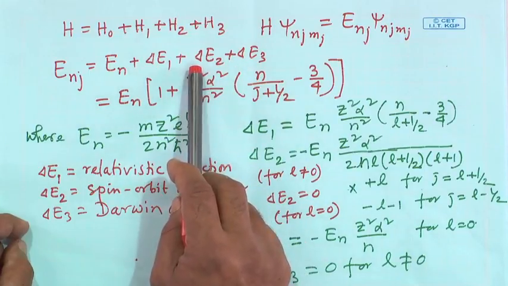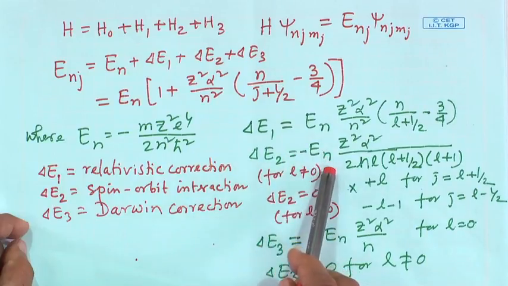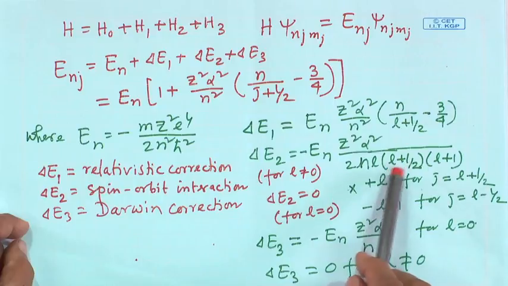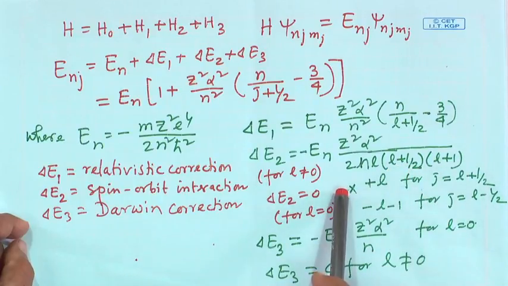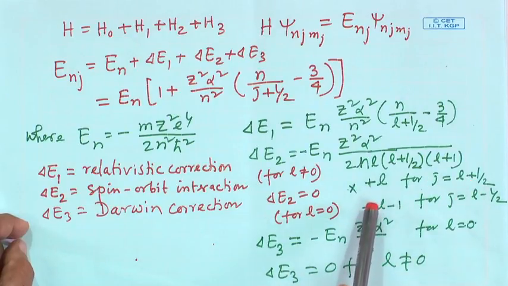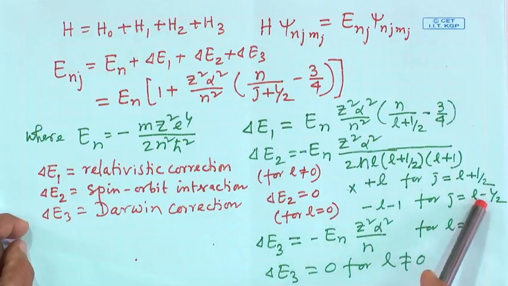So, what is del E 2? Del E 2 is basically minus E n Z square alpha square by 2 n l (l plus half)(l plus 1), multiplied by plus l for j equal to l plus half, and multiplied by minus l minus 1 for j equal to l minus half.